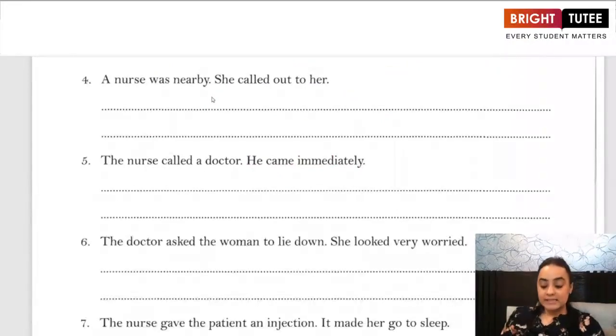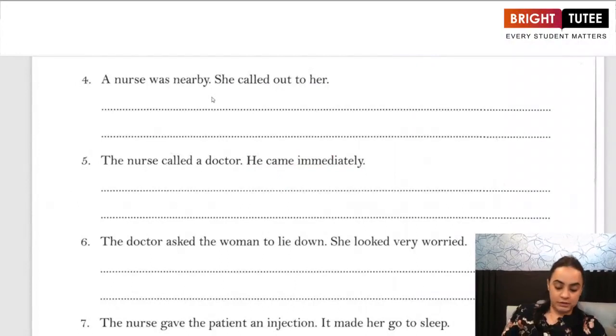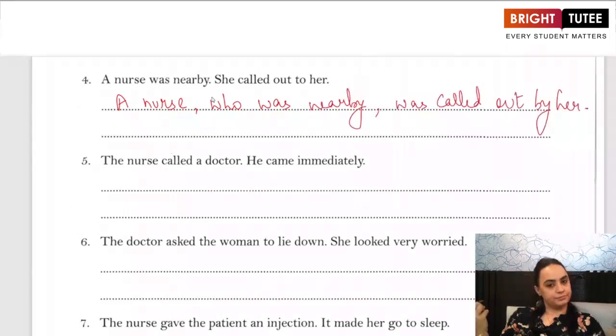A nurse was nearby. She called out to her. So a nurse was nearby, was called out by her. Let us look at the other sentence. The nurse called a doctor.